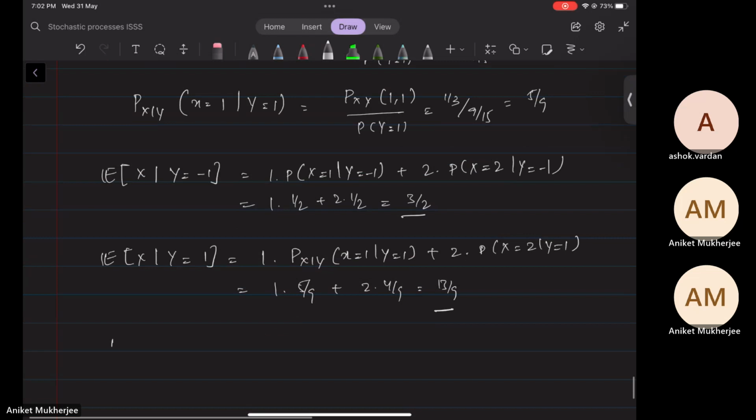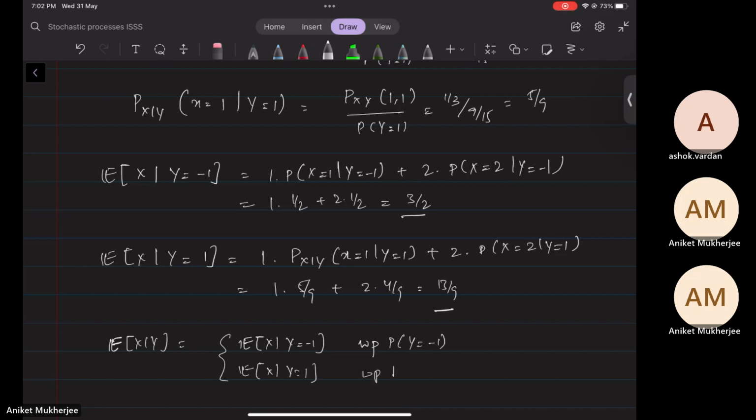Now, you want to find what expectation of x given y is. Expectation of x given y is basically expectation of x given y equal to minus 1 with probability that y equal to minus 1, and expectation of x given y equal to 1 with probability y equal to 1.